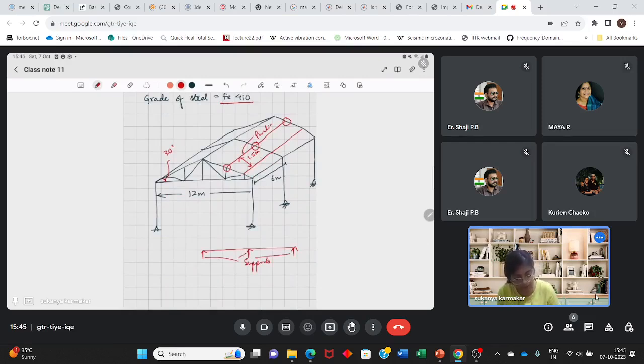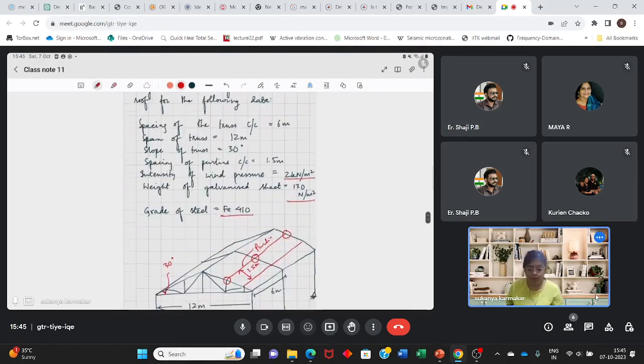It is subjected to dead load and wind load. Here, the weight of the galvanized sheet is given, meaning the dead load has been specified, and the wind pressure has been specified.